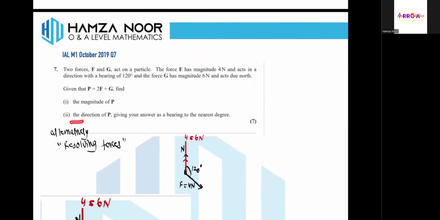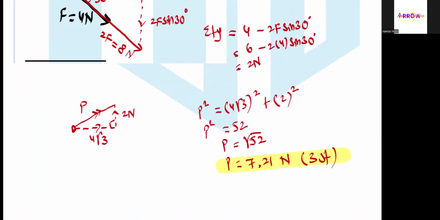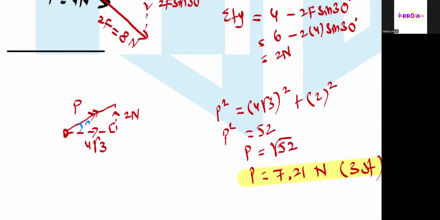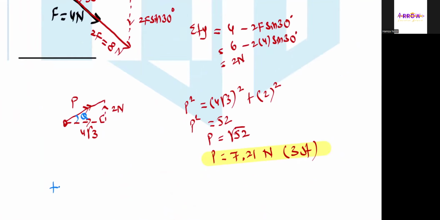Now, as far as part two is concerned, we need to find the direction of P and give our answer as a bearing correct to the nearest degree. First, I'm going to find the angle with the horizontal, and mark this angle theta. So tan theta equals opposite over adjacent, meaning 2 divided by 4 root 3.